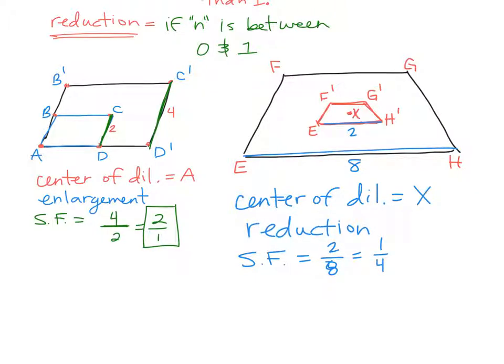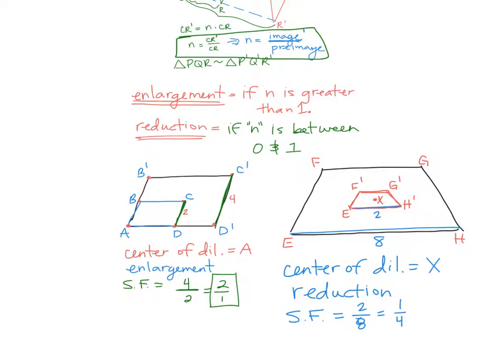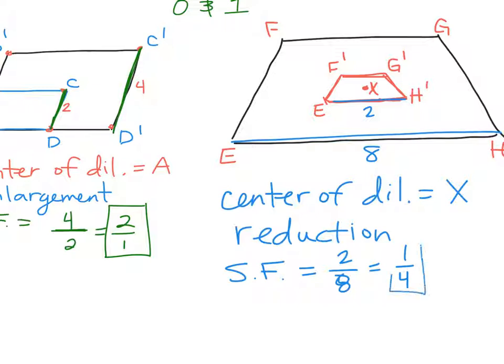So 2 over 8 is 1 over 4. Okay. So with a scale factor of 1 to 4, that means my image is 1/4 the size of my pre-image, right? It shrunk by 1/4. Well, it shrunk to 1/4 of the size. Does that make sense? Okay.